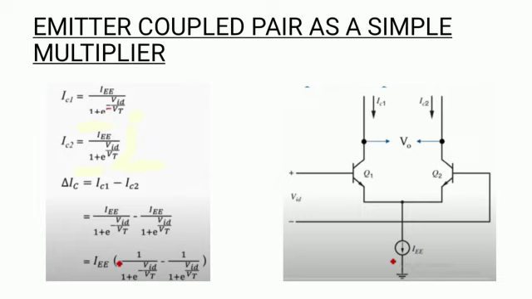Here we just note the relation between the input and the collector current. For the collector current of Q1, IC1, the base is connected to the positive of the input and the exponent is negative VID by VT. And in the case of Q2, the negative of the input is connected to the base of the transistor and we have positive VID by VT.